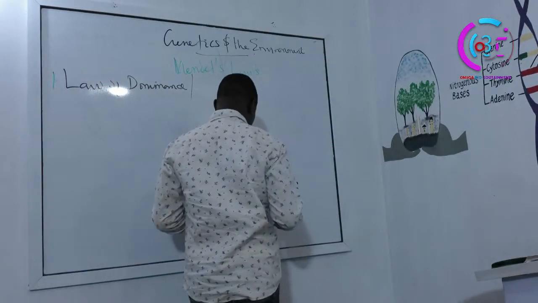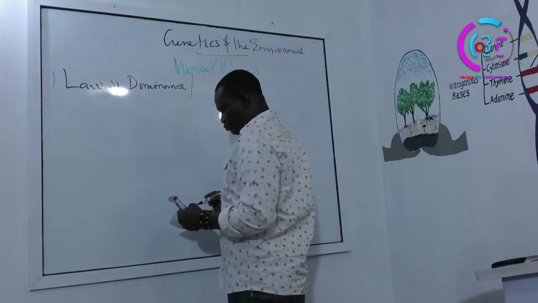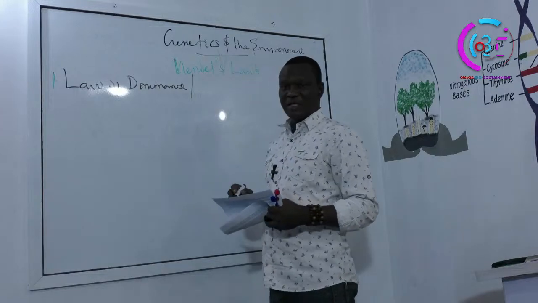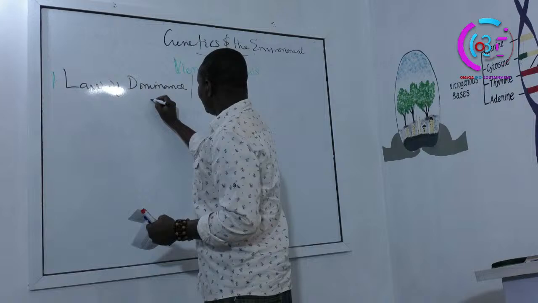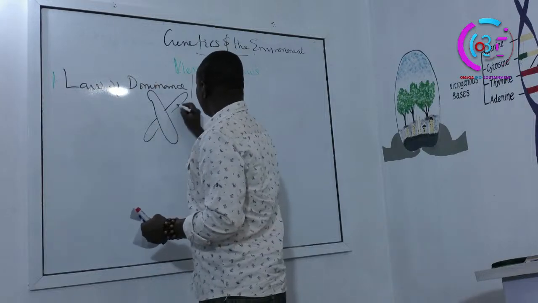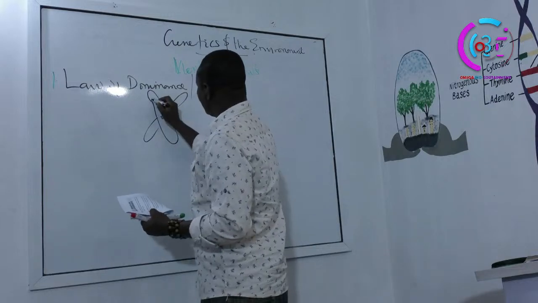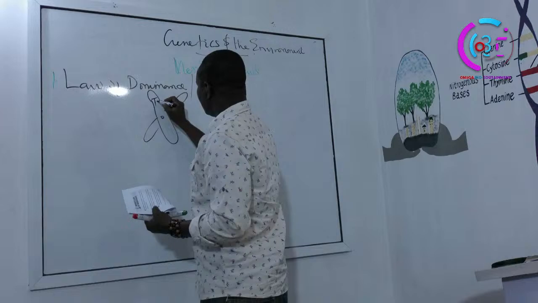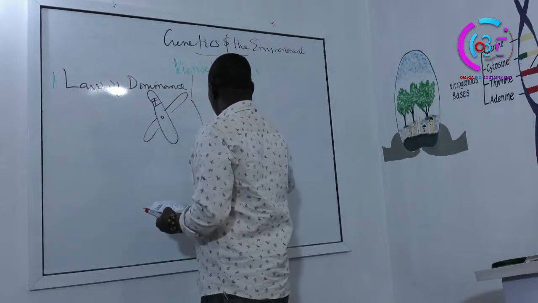This law states that some alleles, which are variants of a particular gene found at the same chromosome, are dominant over the other. Let's say this is a chromosome, and this segment is calling for tallness.